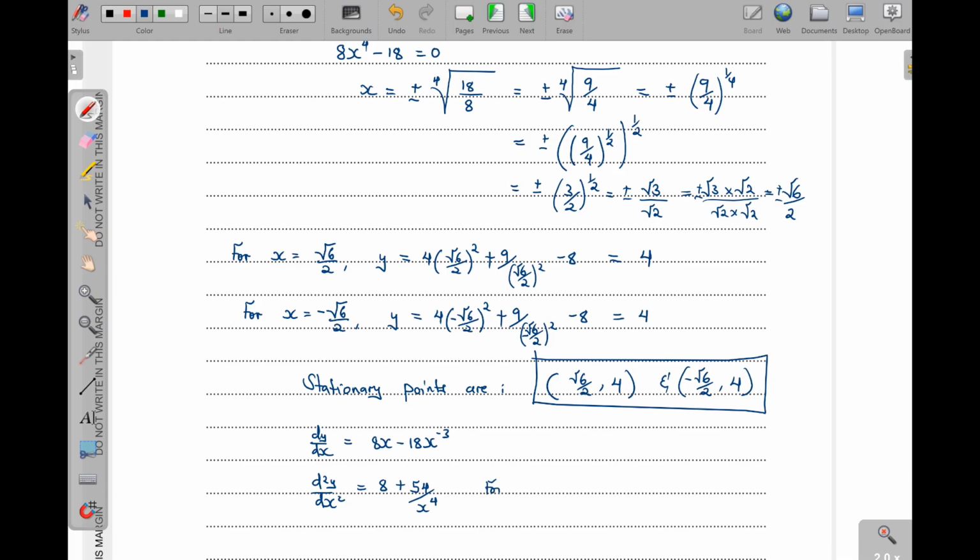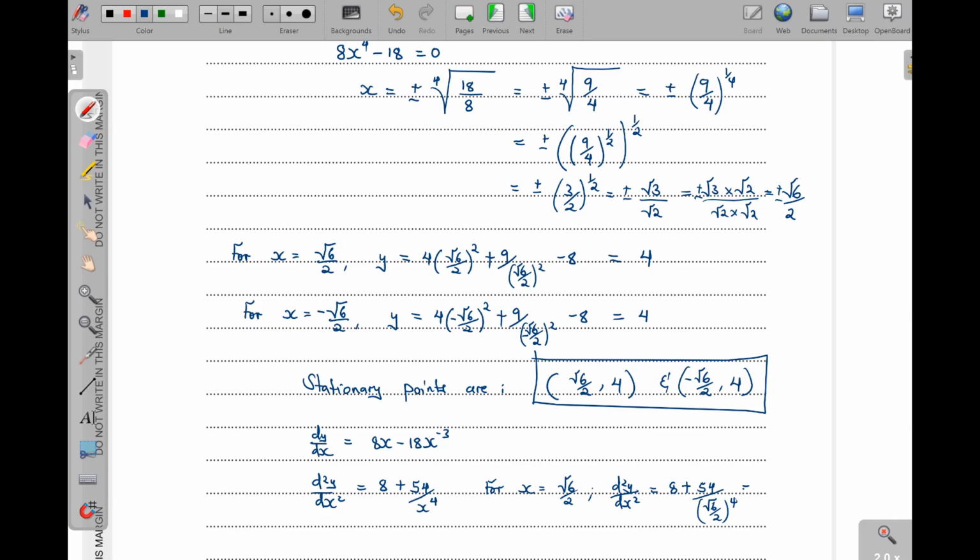So for x which is equal to positive root 6 over 2, what will be the second derivative? What will be the value? Would it be positive or negative? So 54, then out of, this is the square root of 6 over 2, then power 4.